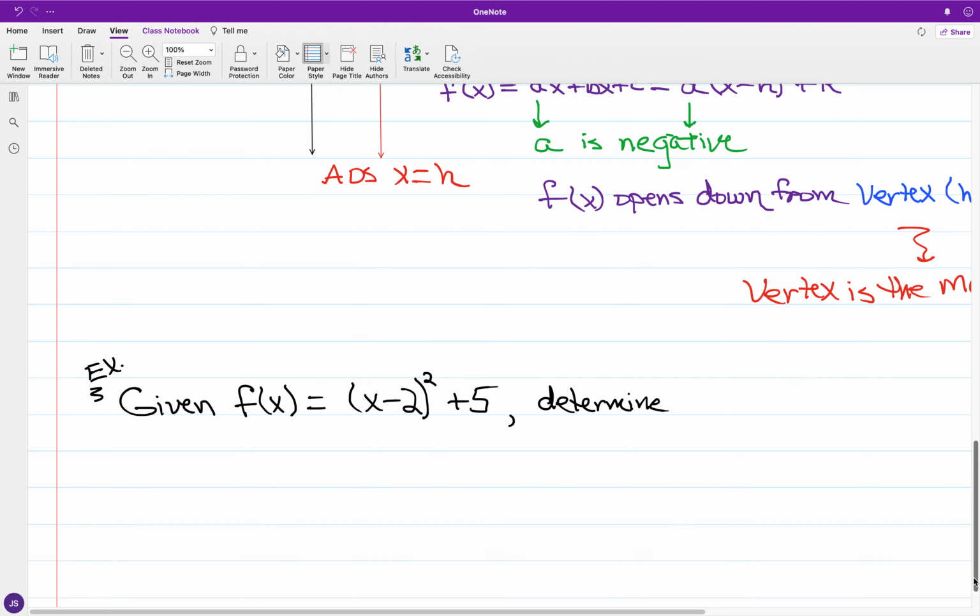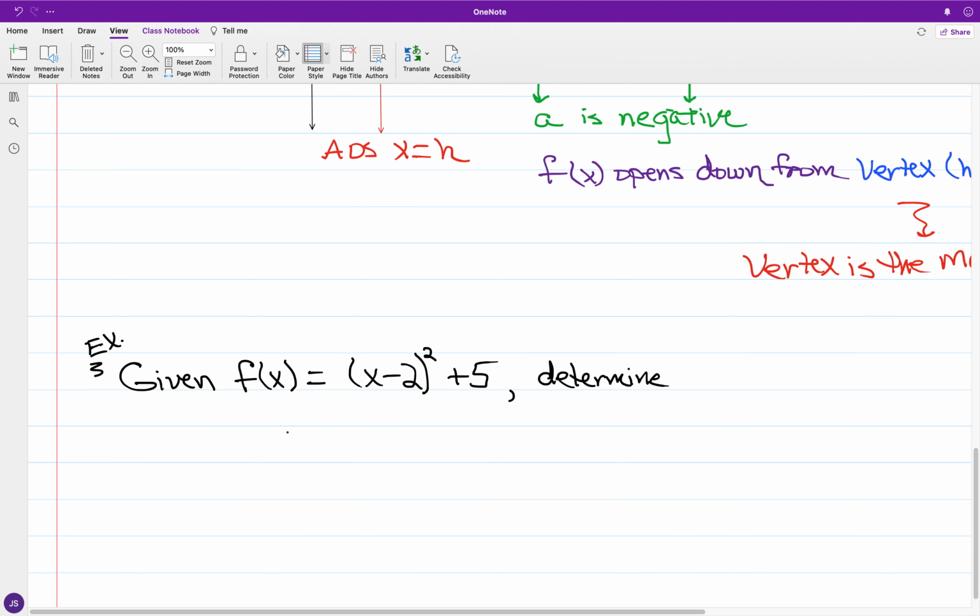If we were to determine the following: we have the direction that f of x opens, and we have the axis of symmetry.